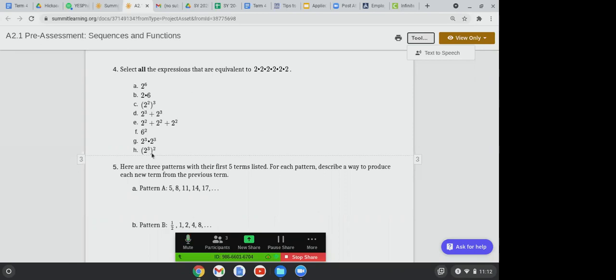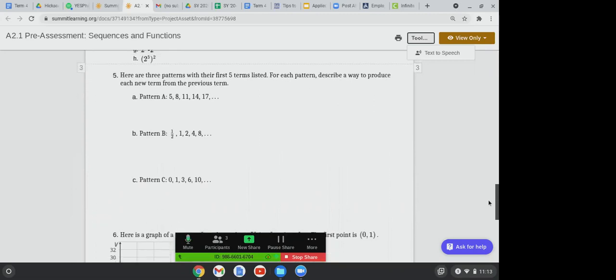So again, we're going to be using exponents. So 4 was just testing to see if you could recognize this expansion in its exponential forms. And then lastly, for number 5, again, it's back to patterns.